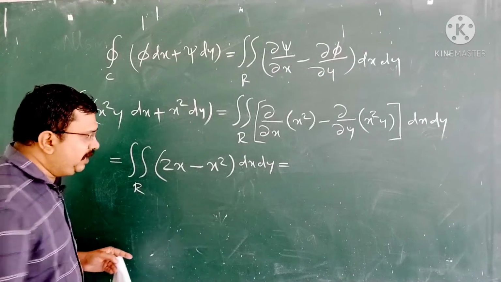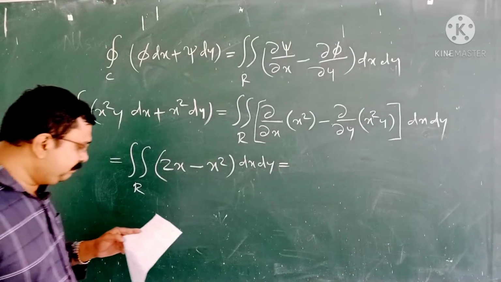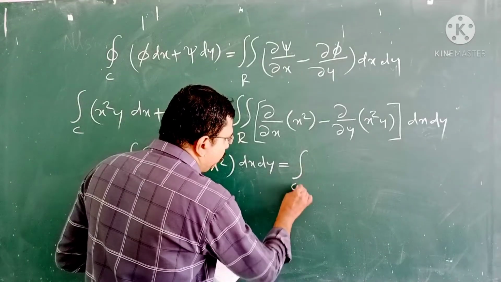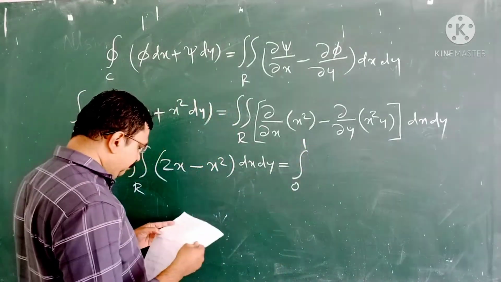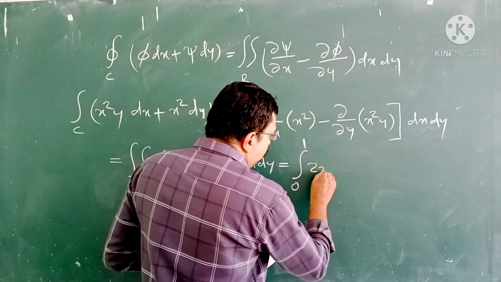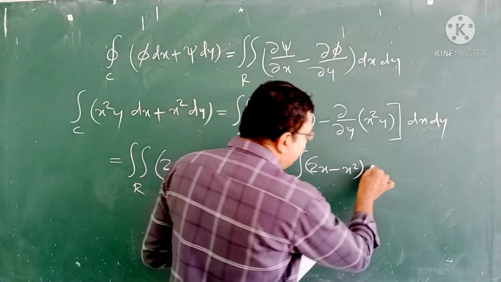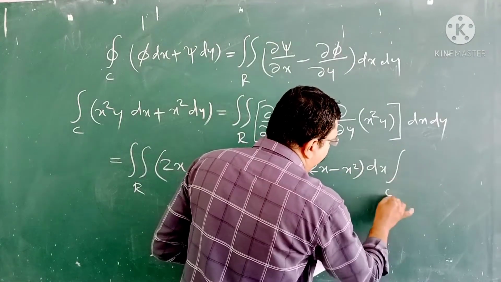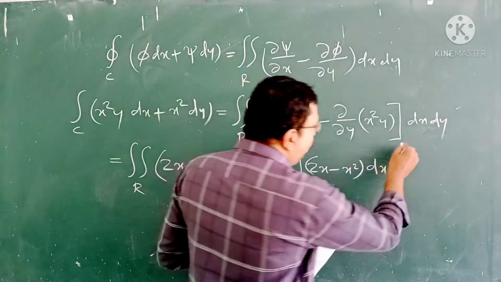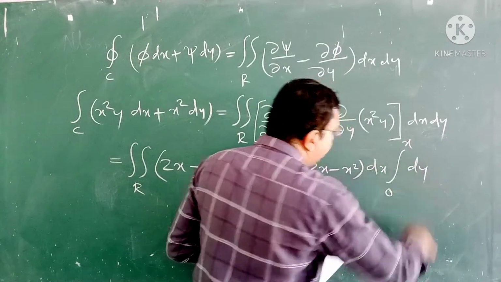Therefore, this can be written as integral over 0 to 1 2x minus x square dx into integral over 0 to x dy.